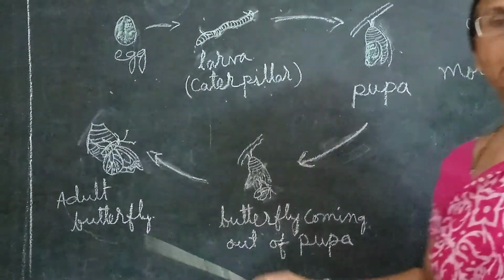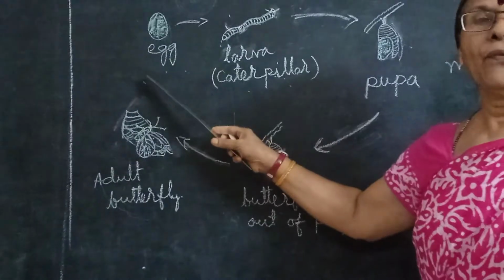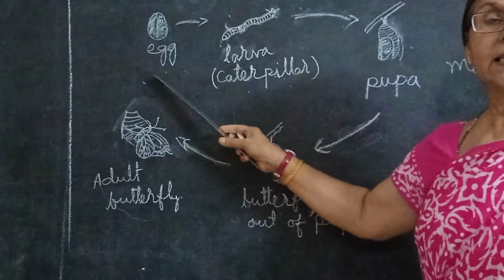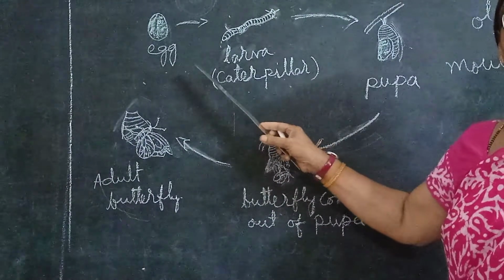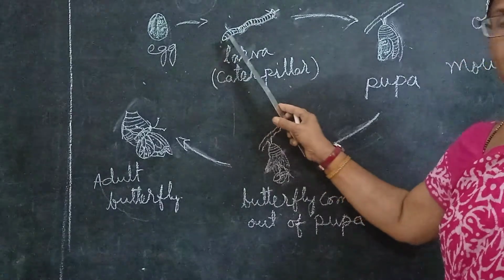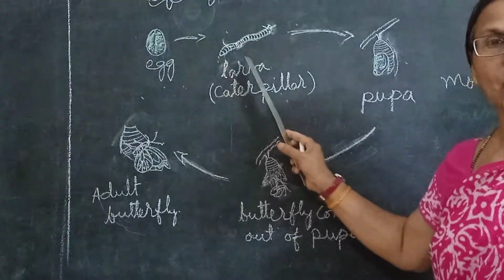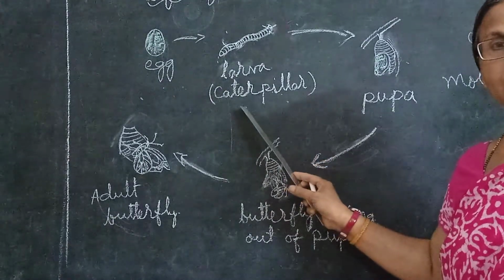Once again, shall I repeat this explanation? The butterfly lays eggs in clusters. When the egg hatches, the larva comes out. The larva looks like a worm.